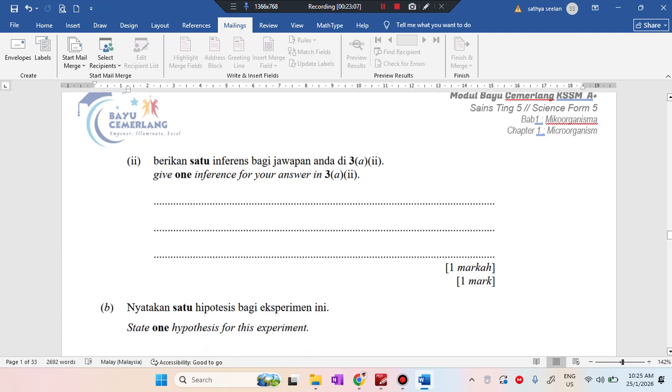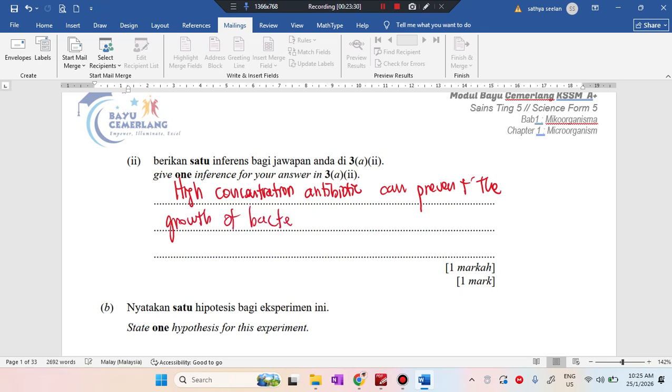So high concentration antibiotic can prevent the growth of bacteria and kill more bacteria. That's why the clear region is bigger.